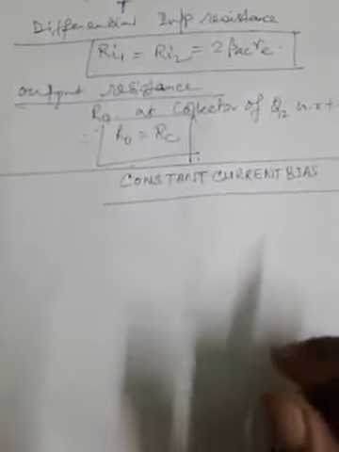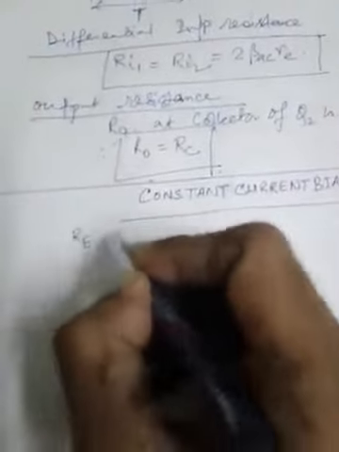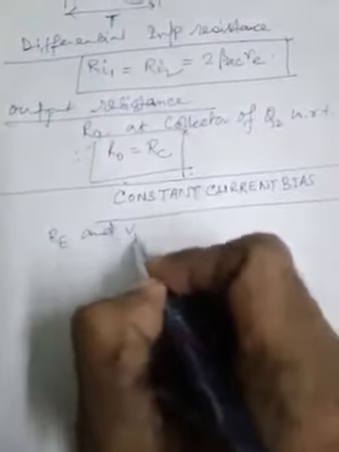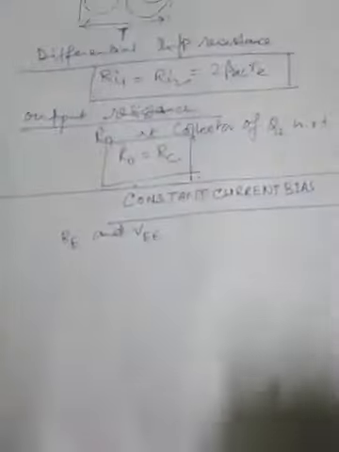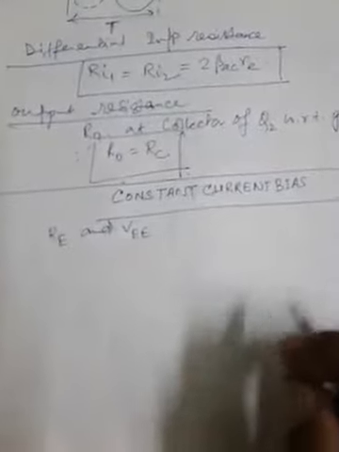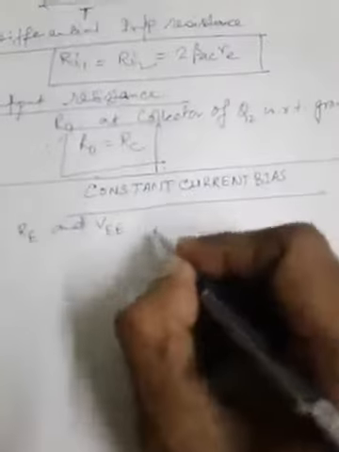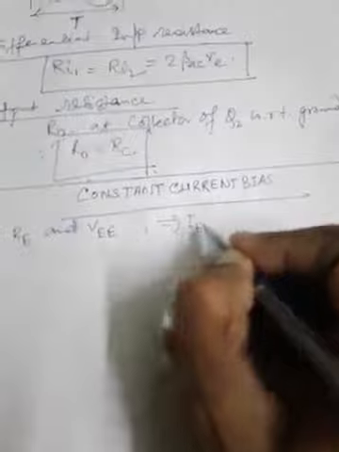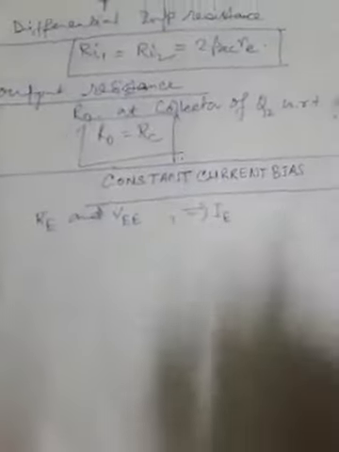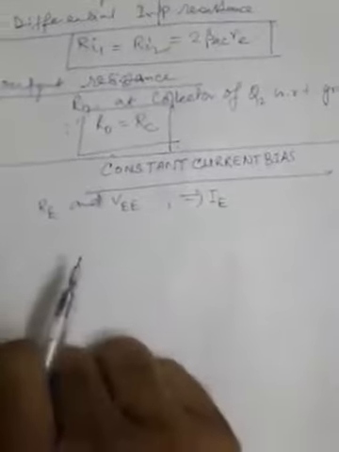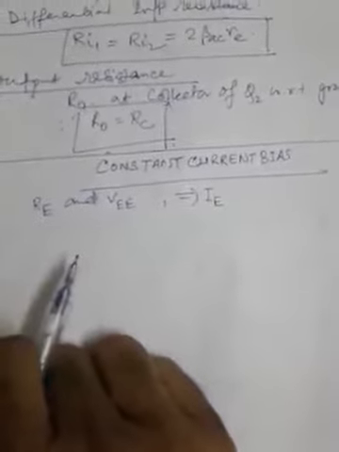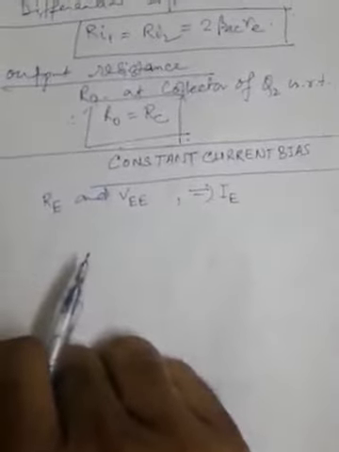Now in the differential amplifiers I have discussed with you so far, we have seen the combination of RE, that means capital RE, and VEE, these two DC values are used to set up the DC emitter current IE, because we have initially considered the emitter biased circuit to form the differential configuration.